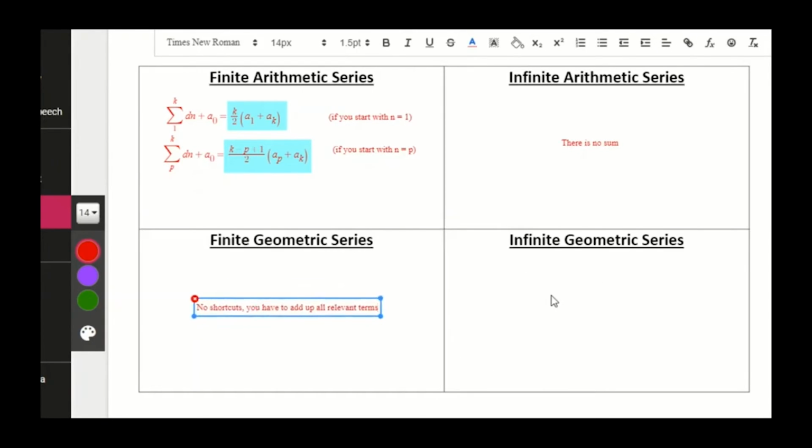For the infinite geometric series, if that ratio, or the absolute value of that ratio, is less than 1, we've got a formula. If the absolute value of the ratio is greater than or equal to 1, then there is just no sum.